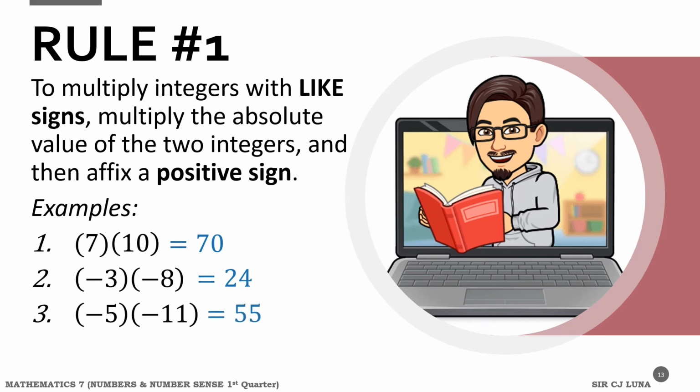Positive 55. Tama. How about this? Positive 6 times positive 5. Okay, very good. Positive 30. Okay po ba? Clear po tayo sa rule number 1? Kapag meron tayong pareho ng sign, the product is always positive.